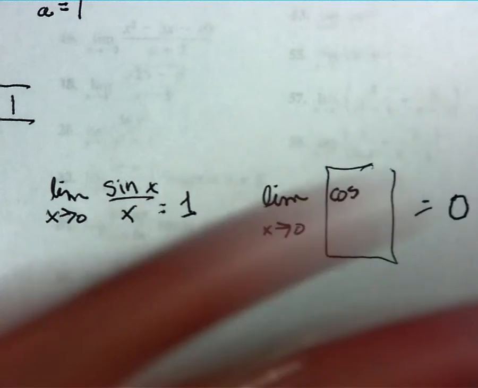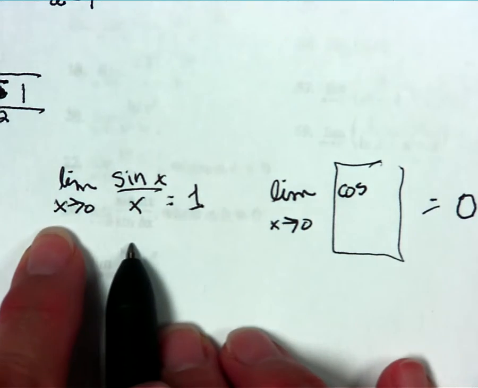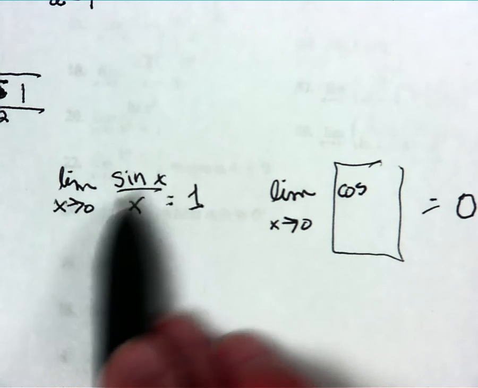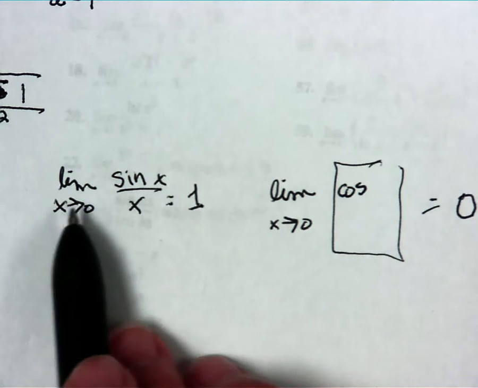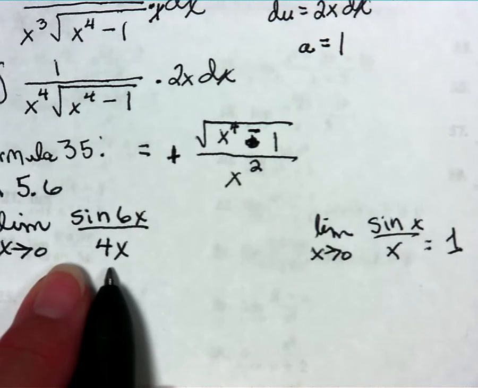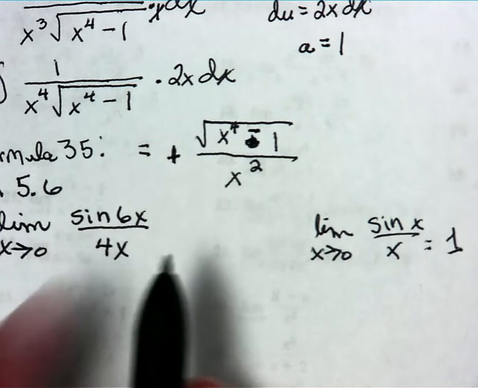Okay, so that was a little aside, except for to say that we have this special limit: if this ugly is the same as the ugly in the denominator, the limit of that as x goes to 0 is 1. The problem is we don't have the same thing in the denominator that we have for the argument of sine.